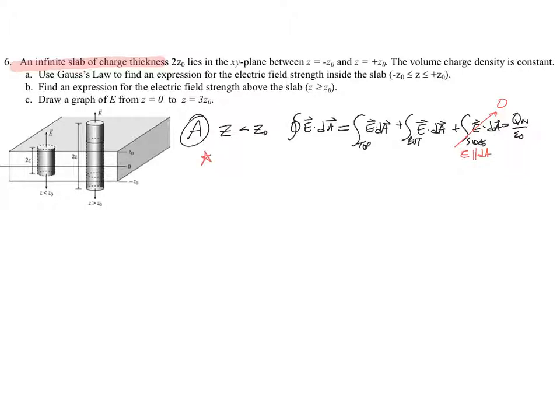We should also notice that since we're dealing with a volume, the charge inside could be the charge density times that volume. And the volume is going to be 2z, which is our dimension over here, and then it's going to be times the area.